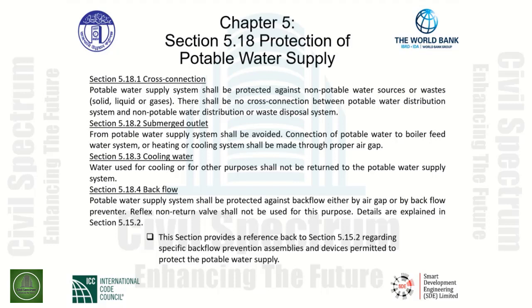Details are explained in section 5.15.2. Now this section provides a reference back to section 5.15.2 regarding specific backflow prevention assemblies and devices permitted to protect the potable water supply.